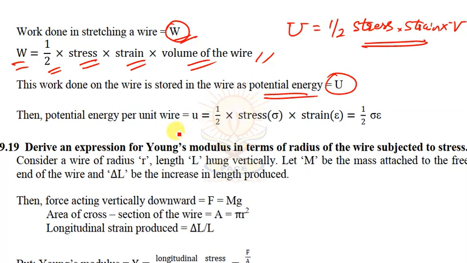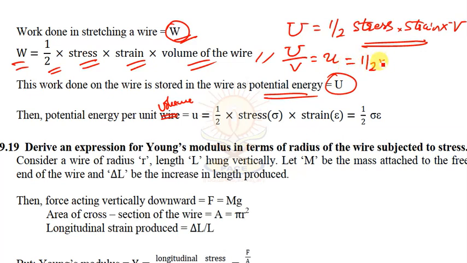If you want energy per unit volume of the wire, the word 'wire' is wrongly typed here. So potential energy per unit volume. If it is energy per unit volume, then what you have to do? You have to divide this whole equation by V. So when you divide this equation by V, I can simply denote it by small letter u.